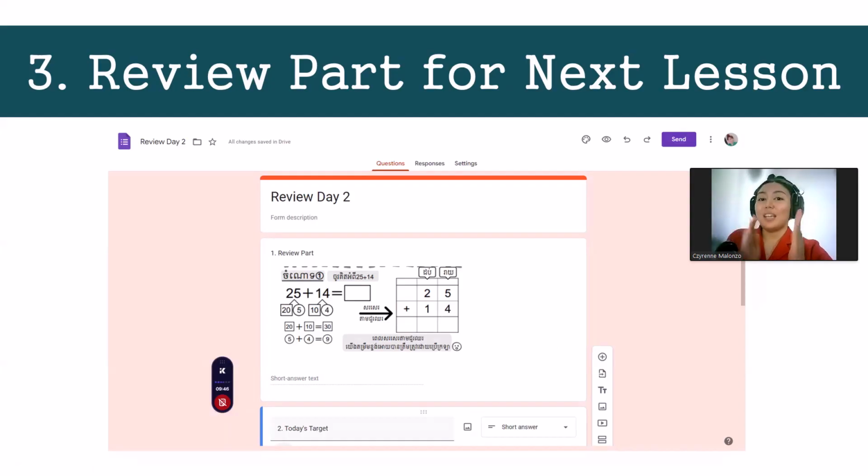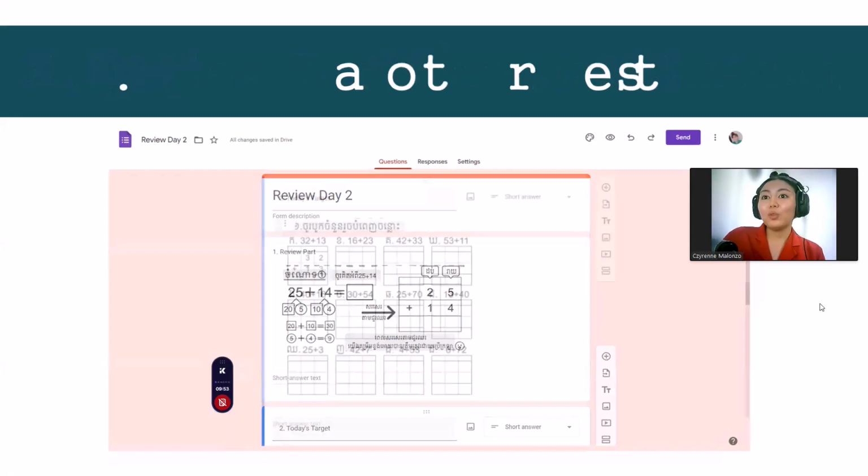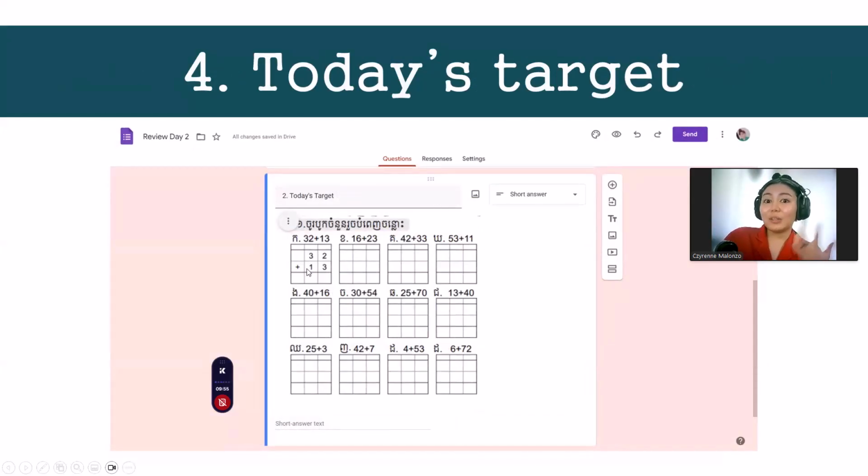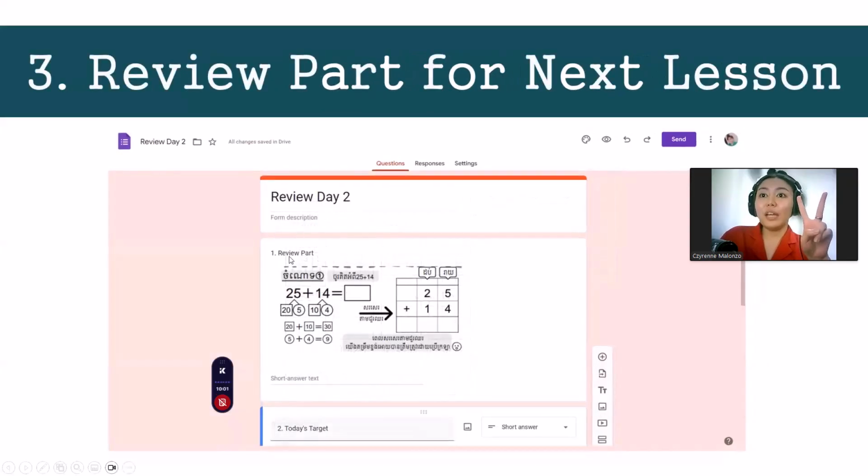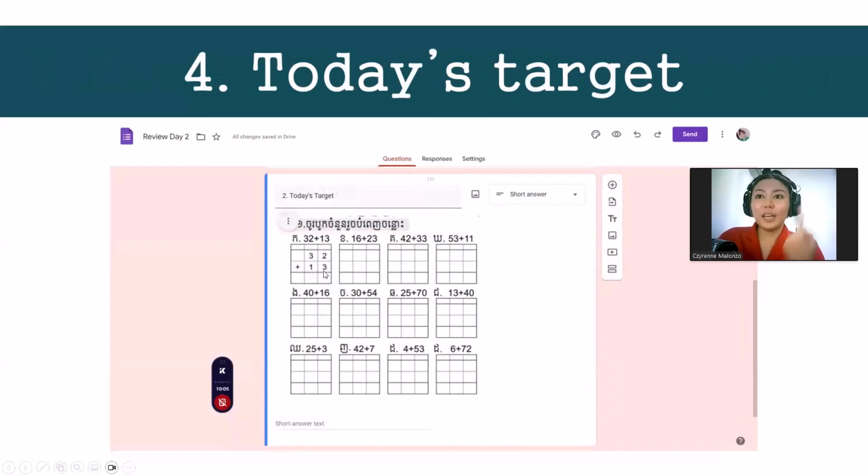First part, again, you review what you learned yesterday and you tell them today's target. Today's target is another lesson. So only two parts. Review day 2, the review part from yesterday, and today's target. What are they going to learn today?